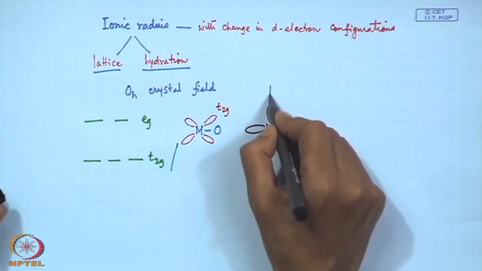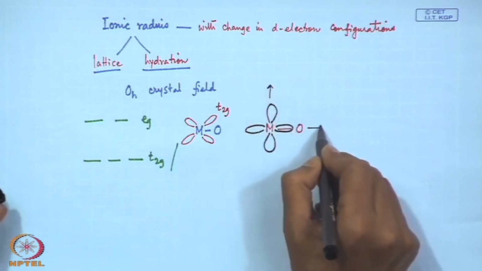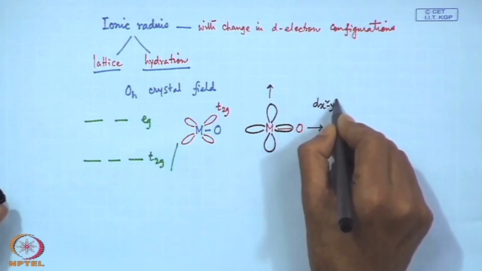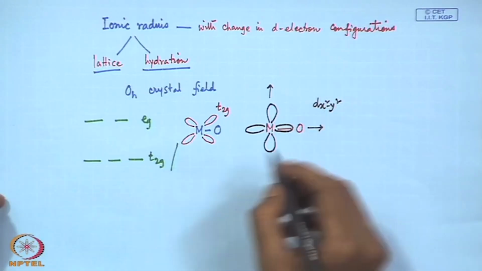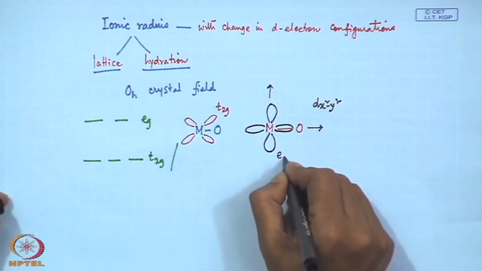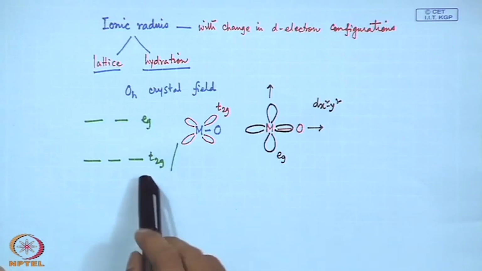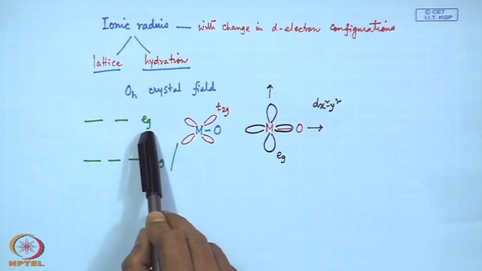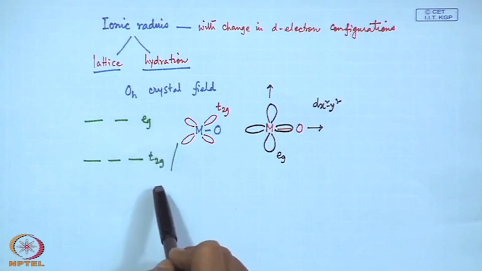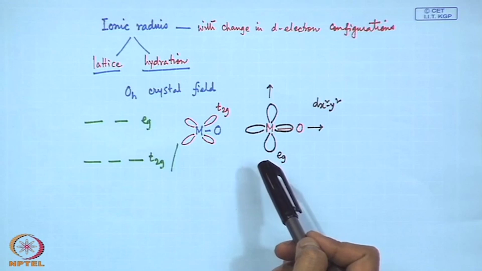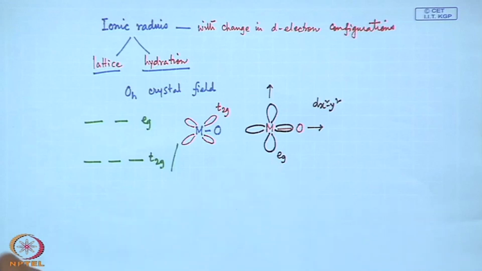So, this is the thing in the x and y direction. If we have the orbital in the x square minus y square direction, we label it as EG. So, the difference in the electronic configuration in the T2G level and the EG level will definitely contribute differently towards the ionic radii values for these metal ions.